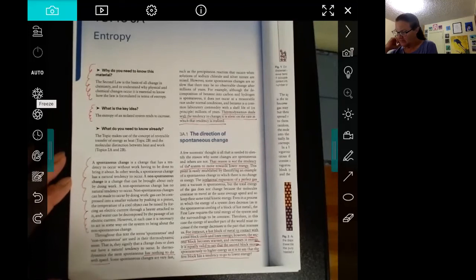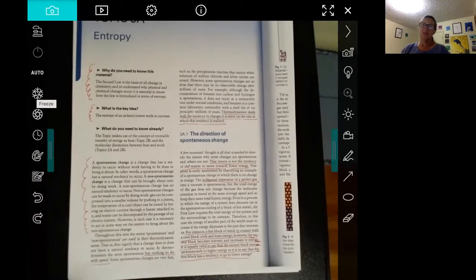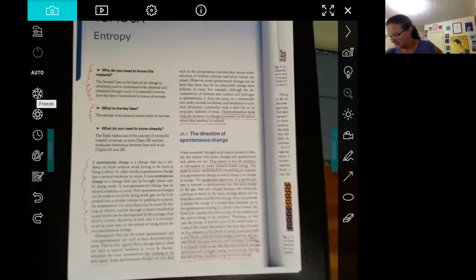Another way to think about a non-spontaneous change is to think that the reverse of how you've written it would be spontaneous. So if it's non-spontaneous in one way, it should be spontaneous in the other direction.